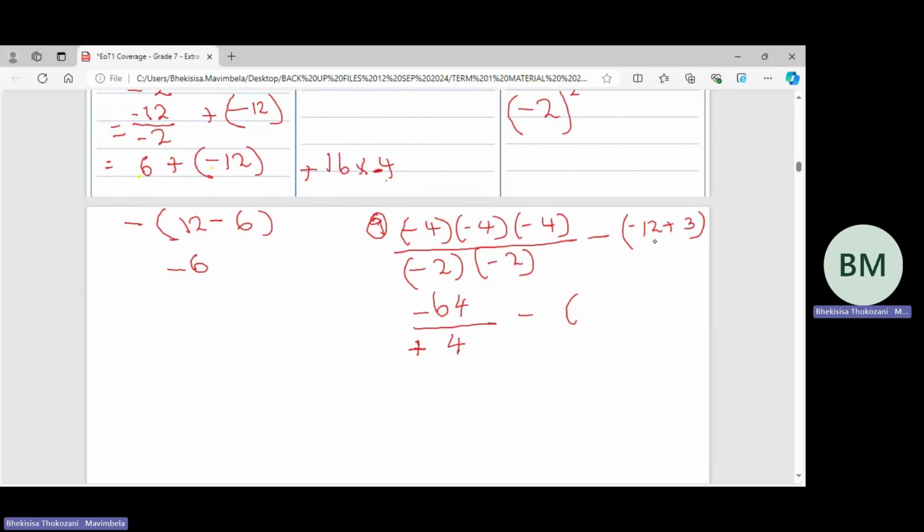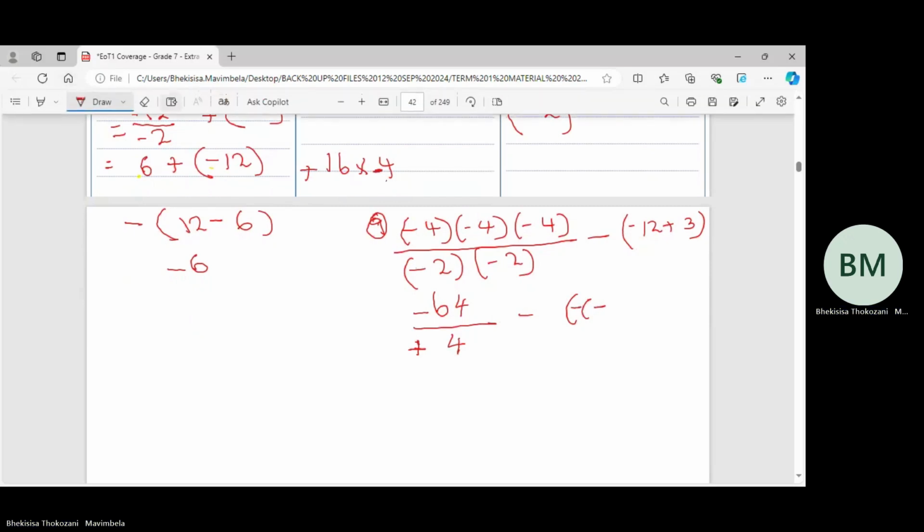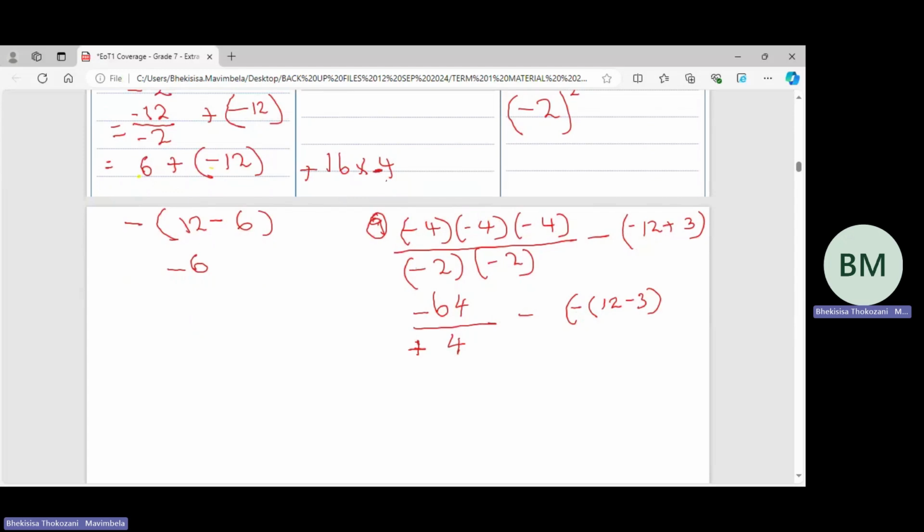So what is minus 12 plus 3? In other words, this means 12 minus 3. I'm going to quickly show you so that you remember. So I want to do this inside. We have this other bracket here, which is 12 minus 3, because those signs are not the same.